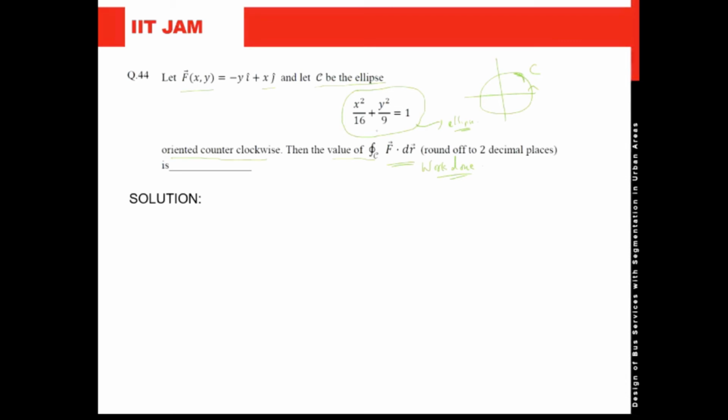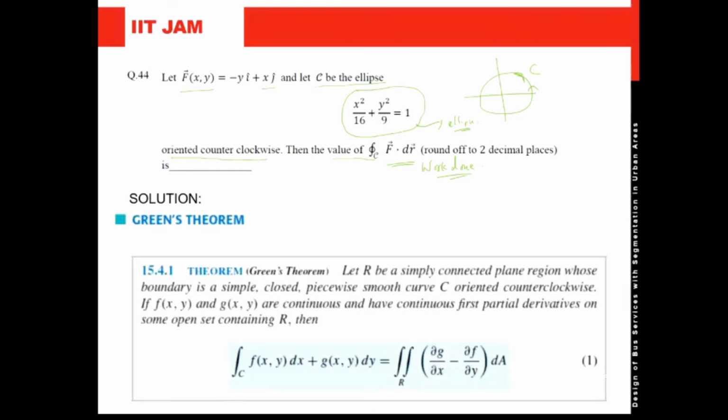If you do that, it will take a lot of time. So in most questions we can use Green's theorem. We already discussed what Green's theorem is. So we will use Green's theorem.